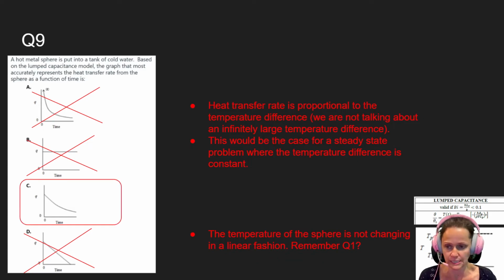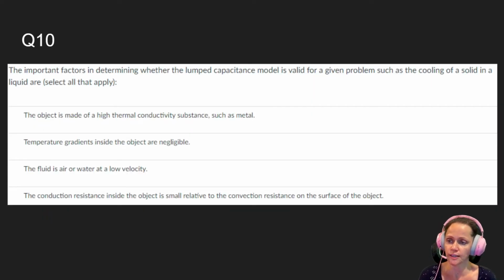So it's C. Question 10: the important factors in determining whether the lumped capacitance method is valid for a given problem, such as the cooling of a solid in a liquid, are, and we select all that apply. The object is made of a high thermal conductivity substance, such as a metal. Yep. Temperature gradients inside the object are negligible. Yep.